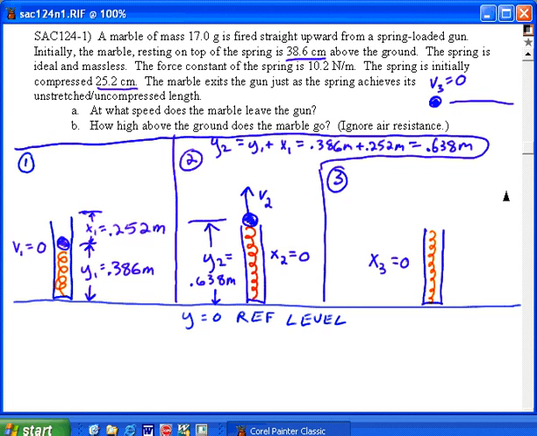We'll call this height Y3, and it's Y3 that we're solving for in part B.